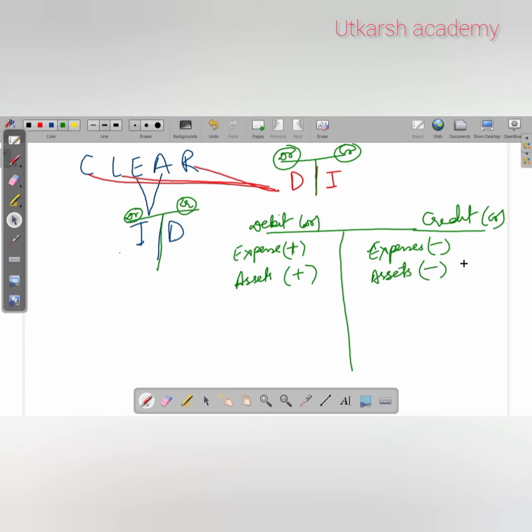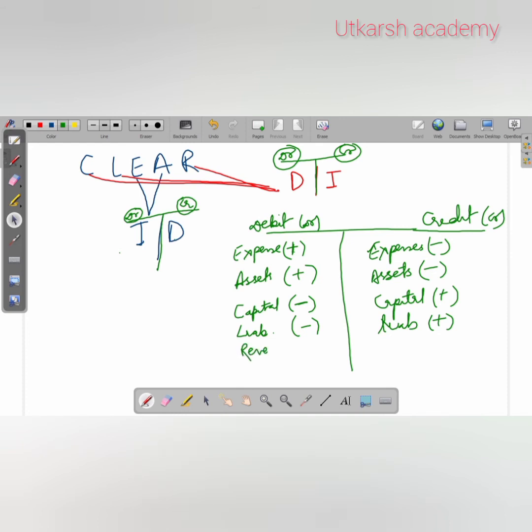Now capital, if capital decreases we will show on the debit side. Capital increases we will show on the credit side. Liabilities decreases on debit side. If liabilities increases we will show on credit side. And the last is revenue.